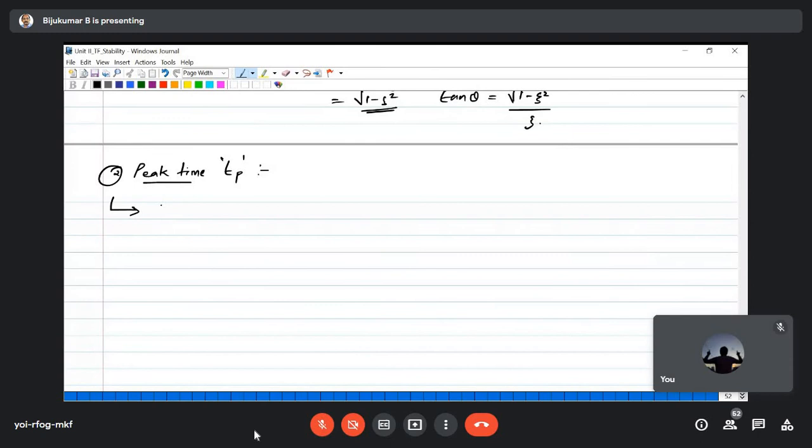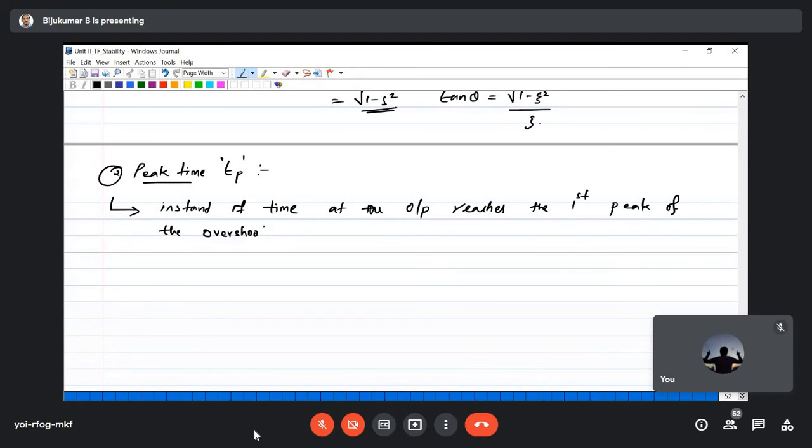Peak time is the instant of time at which the output reaches the first peak of the overshoot. First peak of the overshoot. So it is the time instant at which output reaches the first peak of the overshoot.